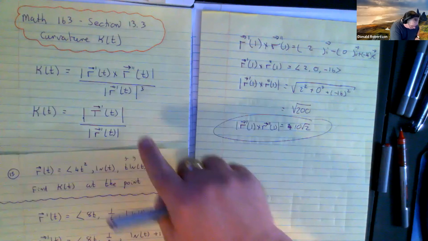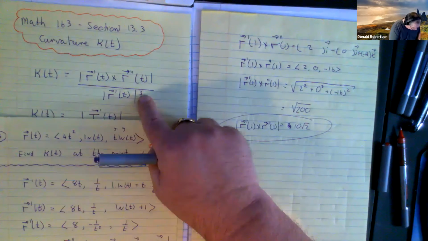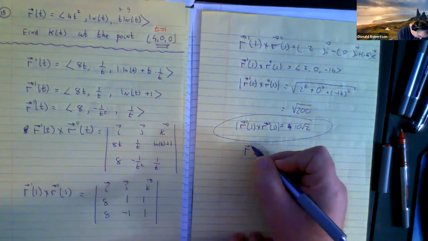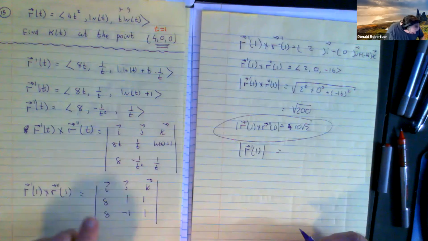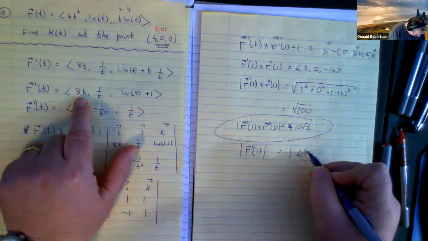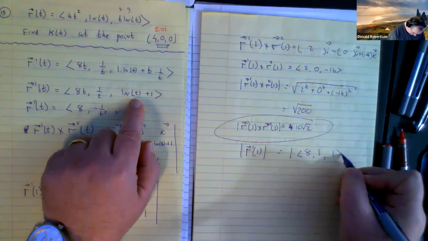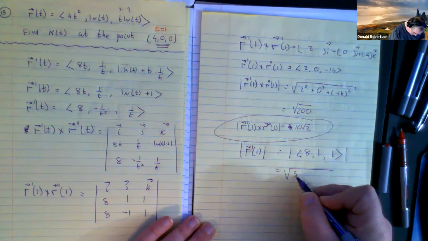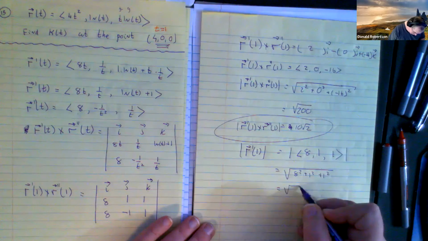According to our formula, I also need to know the magnitude of the first derivative at 1 and then cube it. So what's that going to be? Magnitude of that guy is the magnitude of 8, 1, 1. And the magnitude of that vector would be 8 squared, 1 squared, 1 squared, which is the square root of 66.